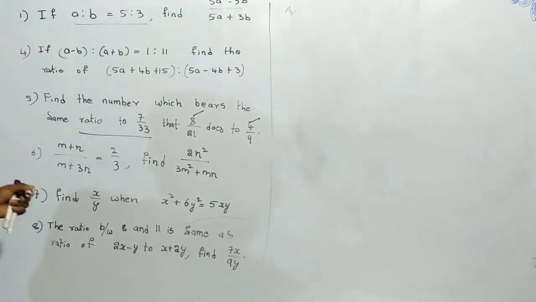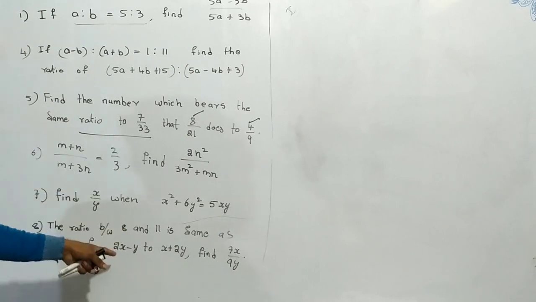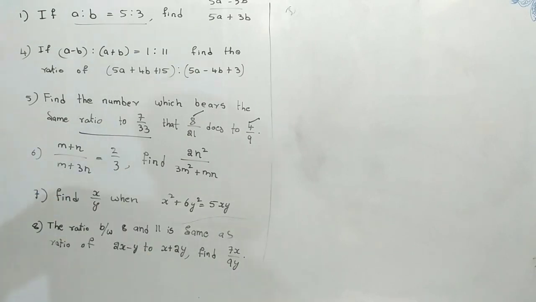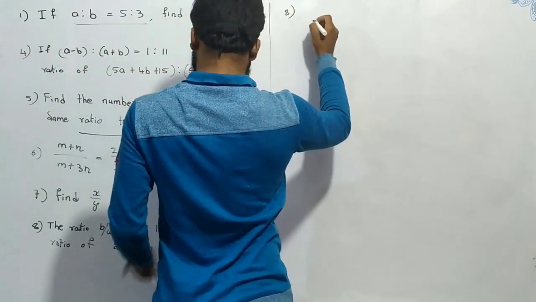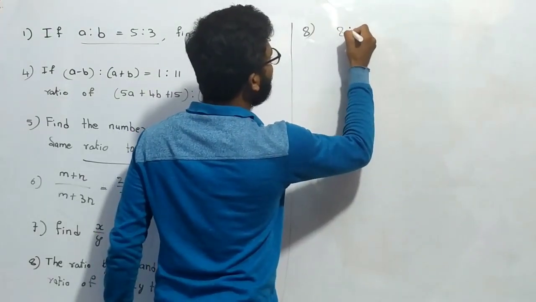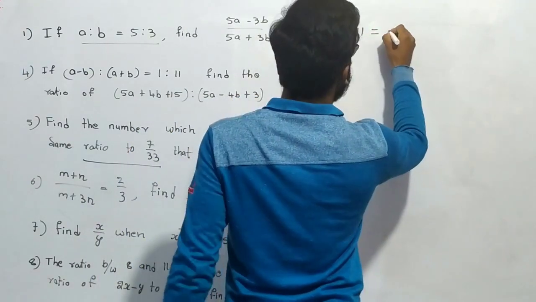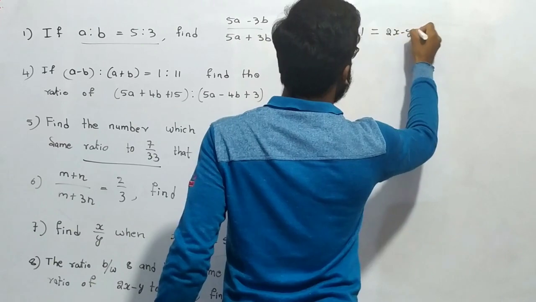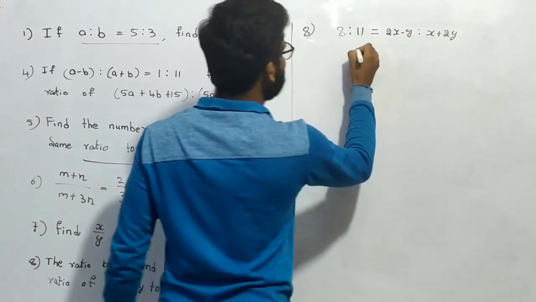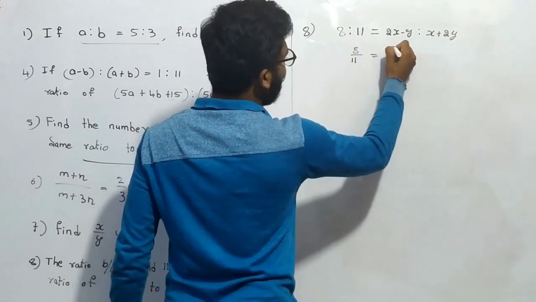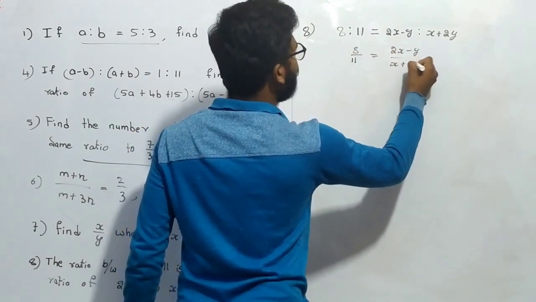Final. The ratio between 8 and 11 is same as the ratio of 2x minus y to x plus 2y. What they are telling? The ratio between 8 and 11, nothing but 8 is to 11 equal to 2x minus y is to x plus 2y. So we can write this as 8 by 11 equal to 2x minus y by x plus 2y.